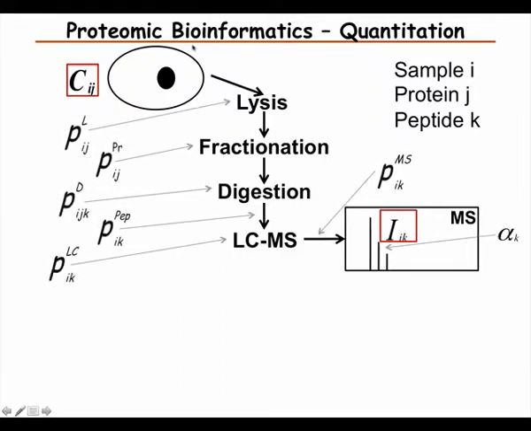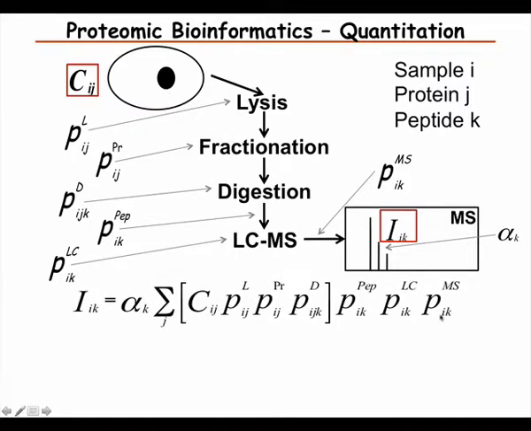So during this workflow, every protein will go through different losses. So if we know these specific losses and we know how well we can convert peptides into proteins, and then the peptide losses, and finally the conversion from a peptide to the signal, then we can just do the calculation, and we could just simply multiply together the different losses, and from the protein concentration calculate the peptide concentration.